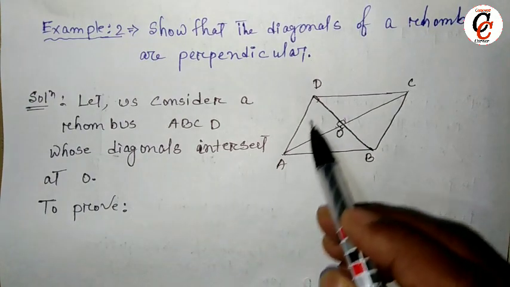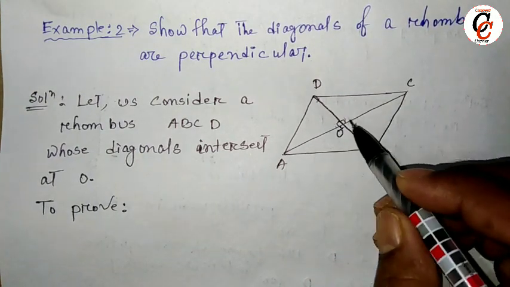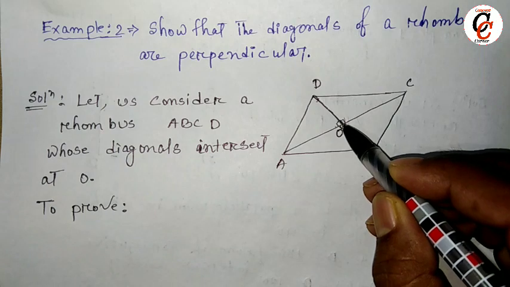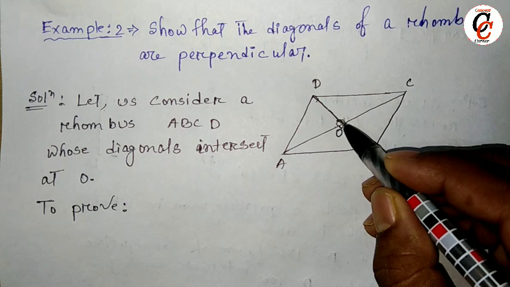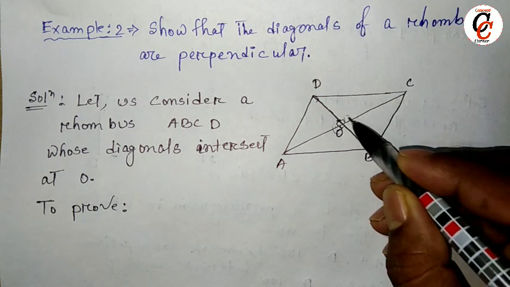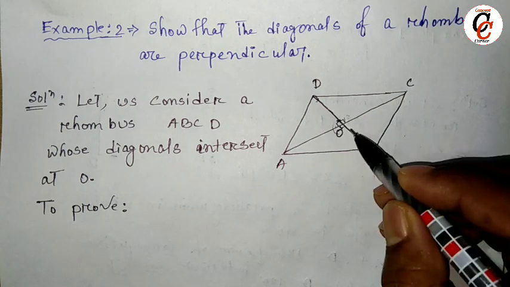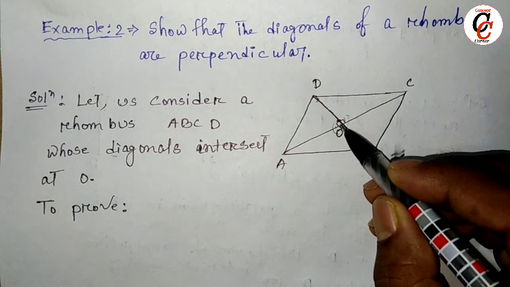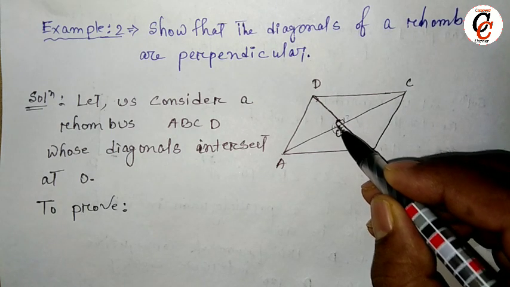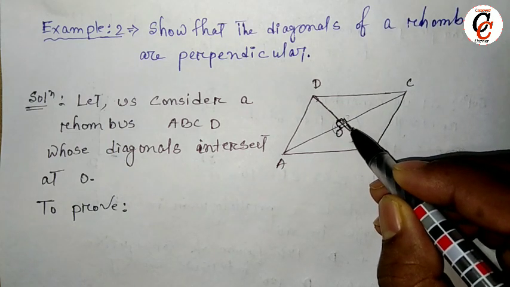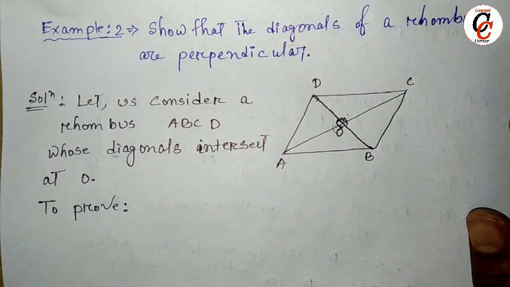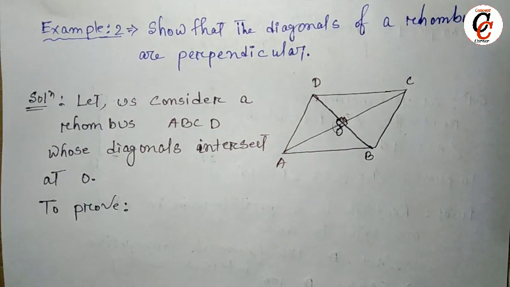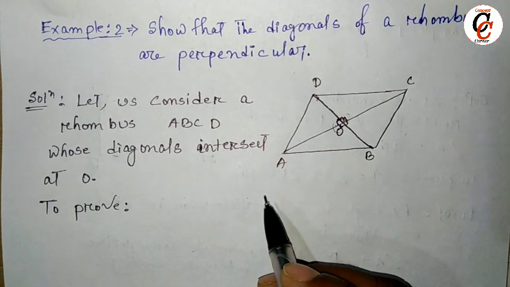We have to prove that the diagonals are perpendicular. Perpendicular means they produce a 90 degree angle at the point of intersection. So if we can prove that any one of these four angles is 90 degrees, then they will be perpendicular to each other. Either this angle is 90 degrees, or this angle, or this angle, or this angle. Any one of these four angles must be shown to be 90 degrees.